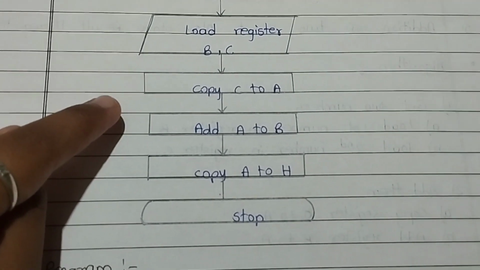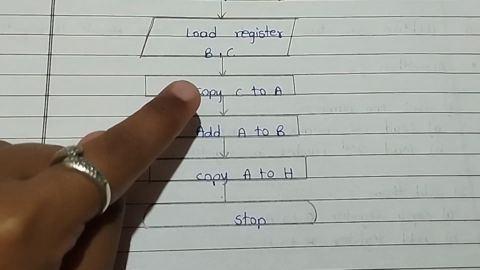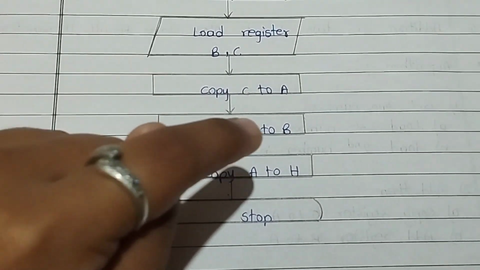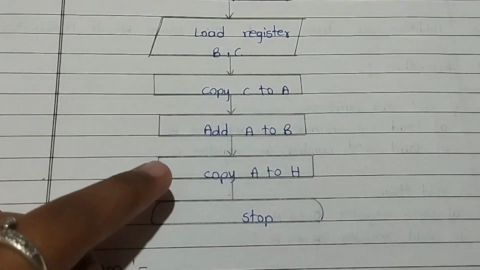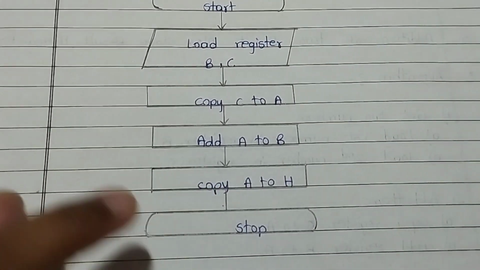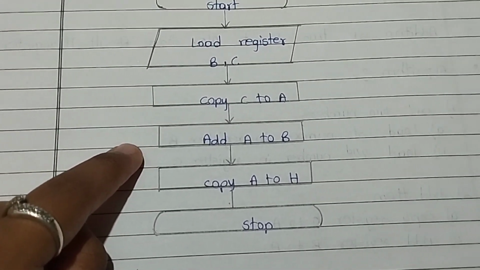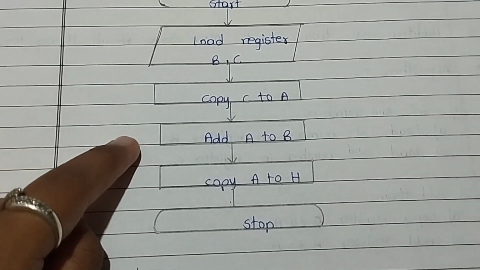Now we want to draw a process. First we copy C into A, then we add A and B, and then we copy our result from A to H. In this way we do the process, and we know for a process we draw a simple rectangle.